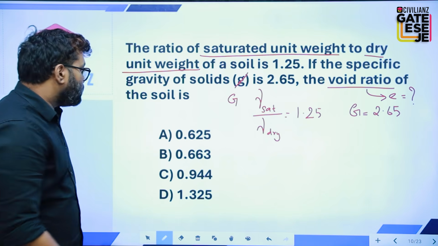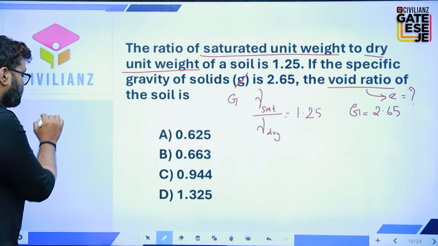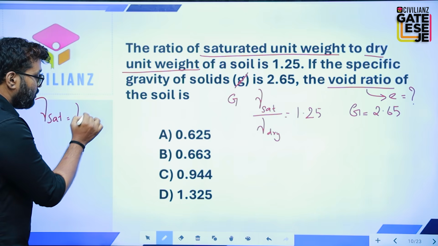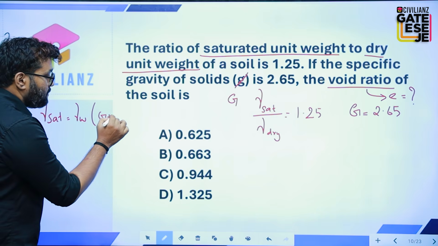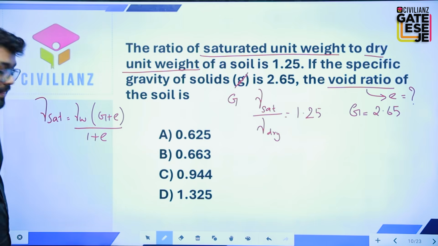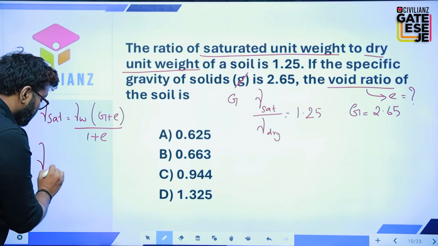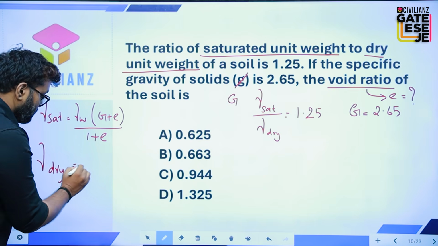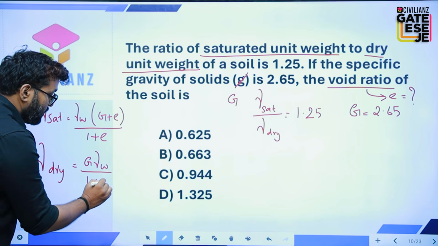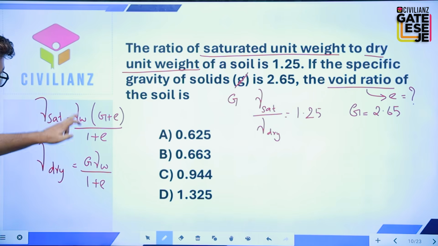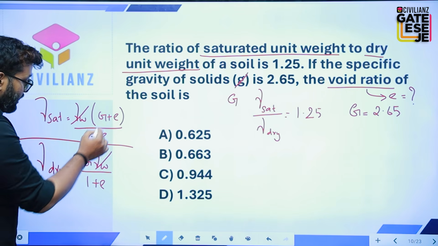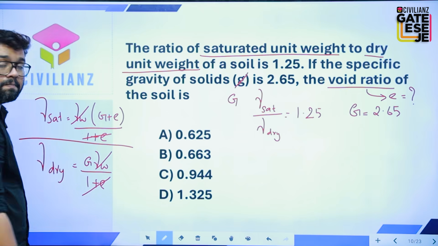Okay, so we know the equation of gamma sat. Gamma sat is equal to gamma W into (G plus e) divided by (1 plus e). And gamma dry is equal to G gamma W by (1 plus e). So when we divide these two equations, gamma W will cancel and the 1 plus e will also cancel.